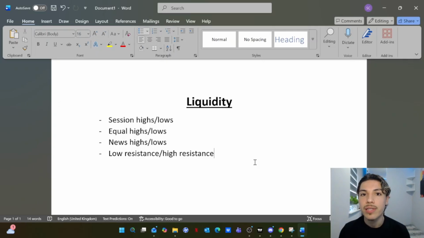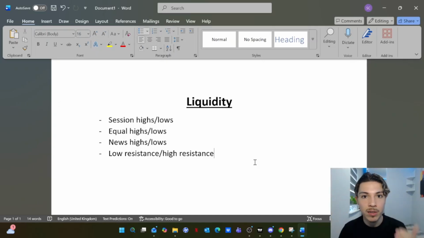So how can we use this? Well, we can use this in two different ways. If we get that big candle, that big wick at the top and that big wick at the bottom, we can now look for a potential reversal trade towards that low or that high because price wants to target it because it's a strong draw on liquidity. It's a magnet. Now, how else can we use it?